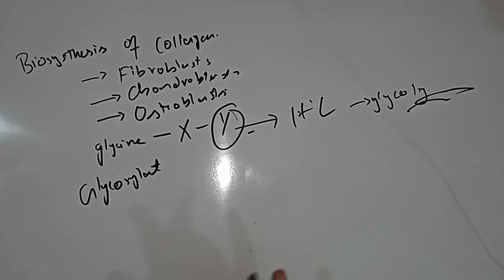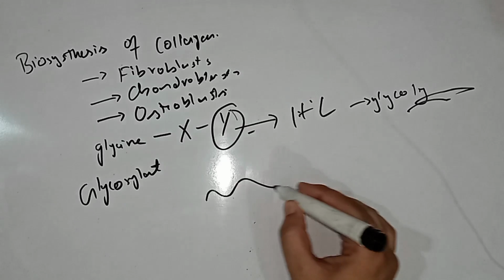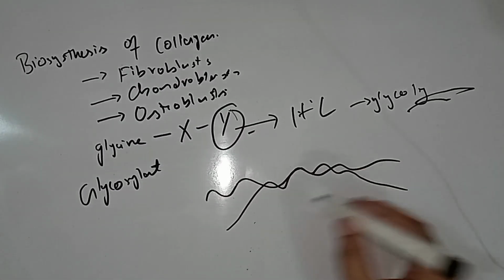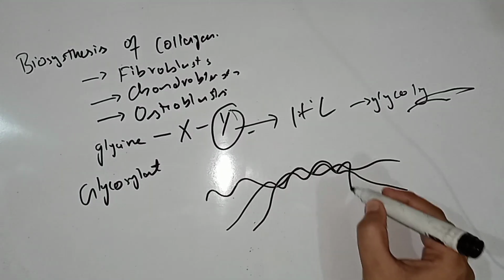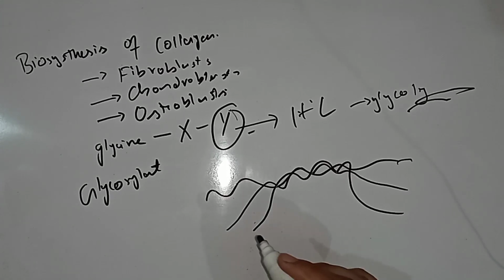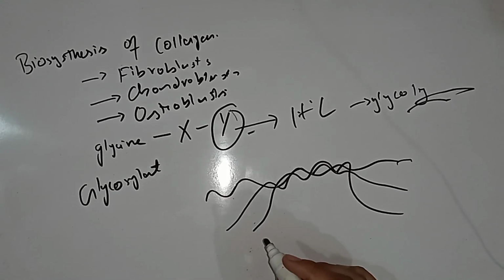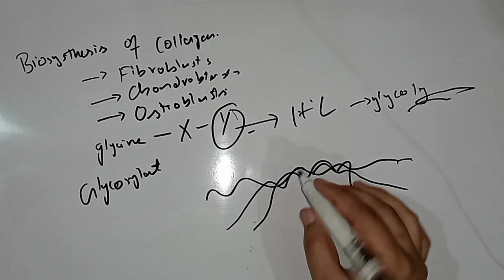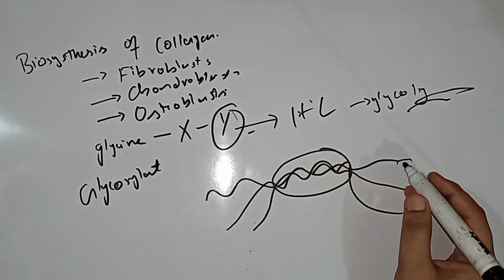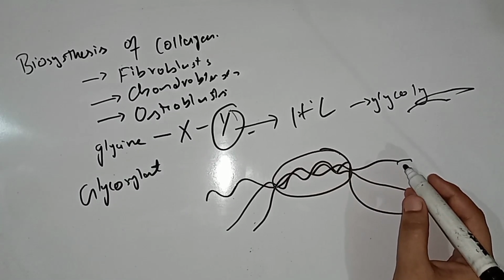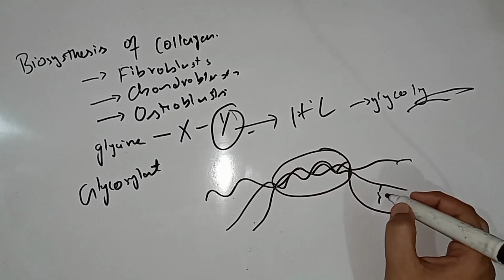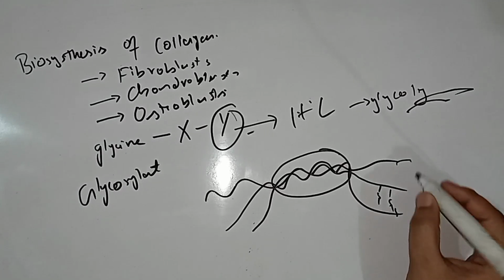Pro-alpha chains arrange themselves, and when they arrange, they form pro-collagen. Three chains unite and form pro-collagen. And in this pro-collagen, what happens? This central region has the peptide chain formation. However, at the carboxyl terminal there is the formation of disulfide linkages.